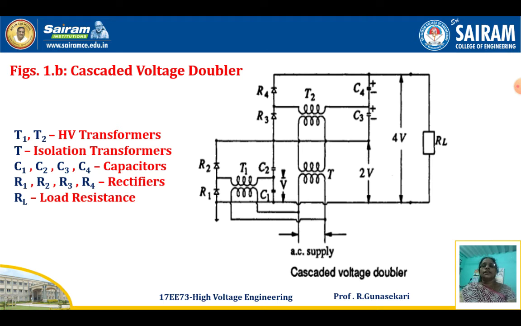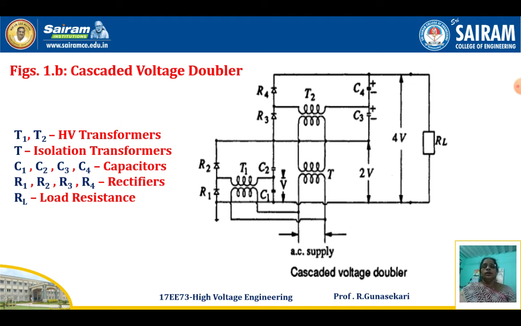The cascaded voltage doubler circuit consists of two HV transformers T1 and T2, one isolation transformer T, four capacitors C1, C2, C3, C4, four rectifiers R1, R2, R3, R4, and RL the load resistance. What is the difference between the simple voltage doubler and the cascaded voltage doubler?